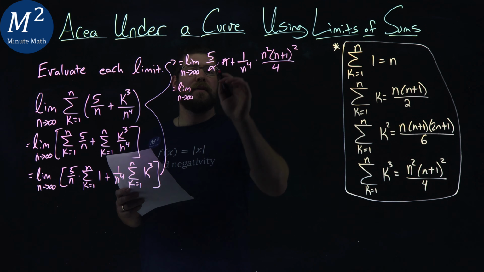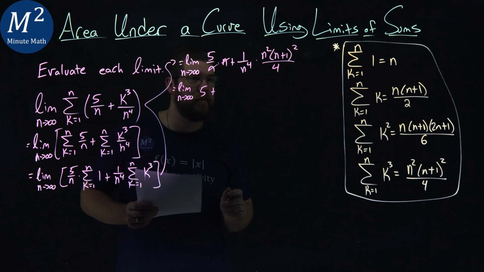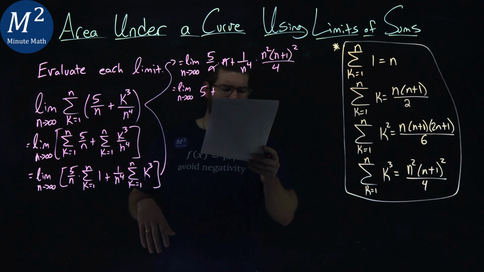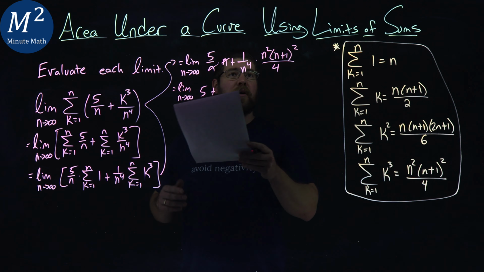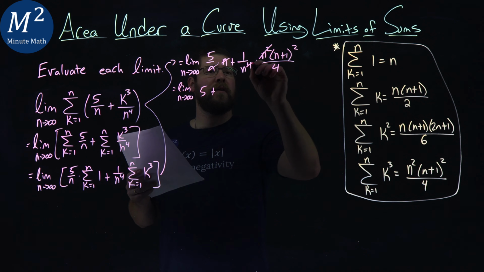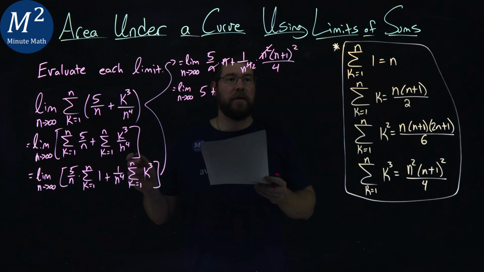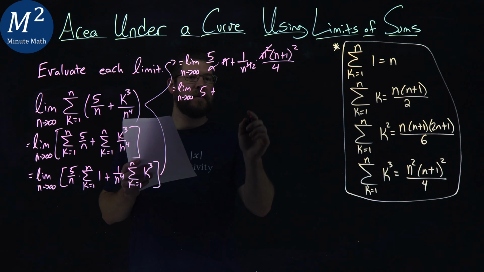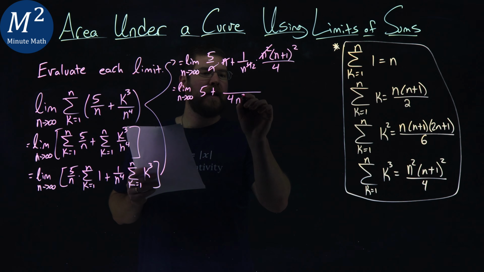The n's here cancel, and we have just a 5 left over. That's always lovely. Now, what do I cancel next? I see we have n squared, and n to the fourth. Cancel that out, and we have an n squared just in the denominator. So in the denominator, we have a 4n squared left over.